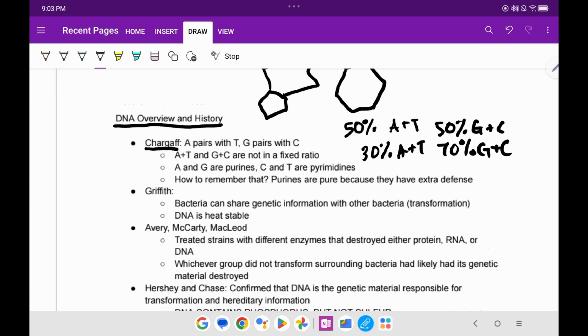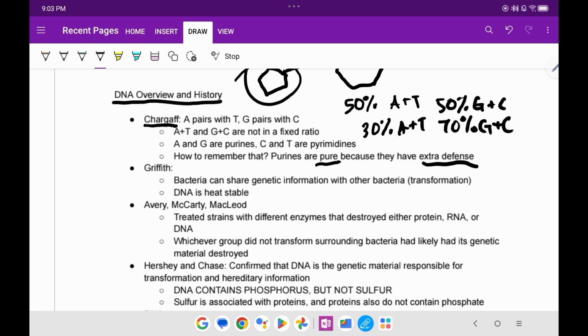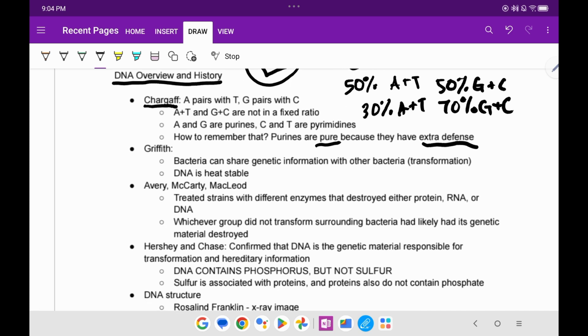How I remember this is that purines stay pure because they have extra defense. They have this little guy over here that defends them from all of the bad stuff, so they stay pure. A and G are purines, and purines are better, and A is the first letter of the alphabet. I know that's a bit of a stretch, but that's how I remember it.